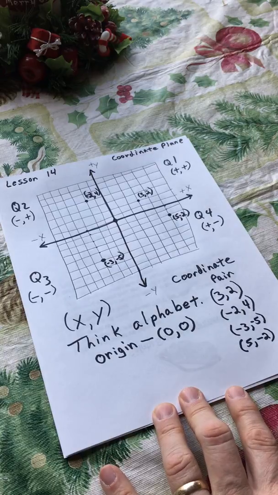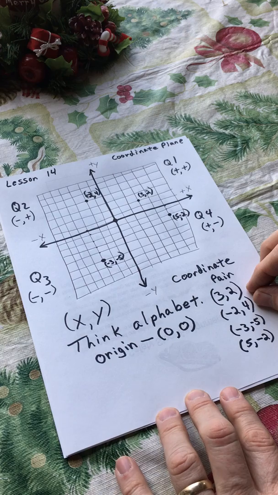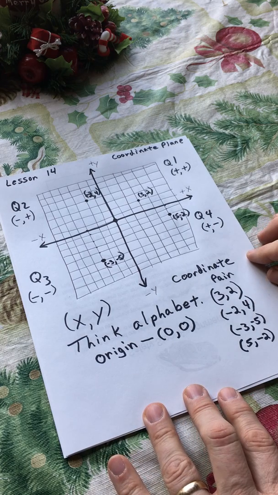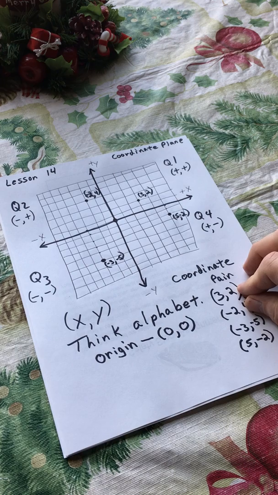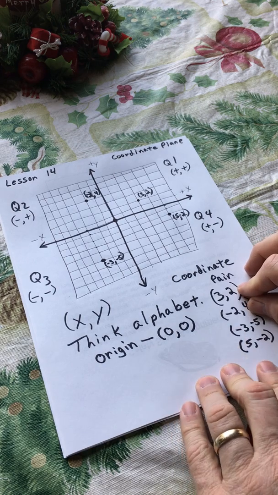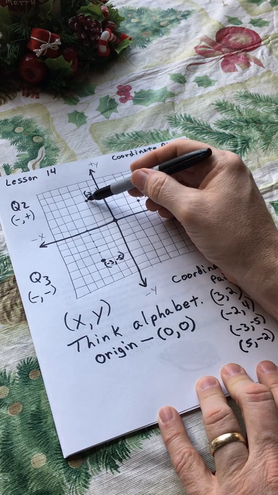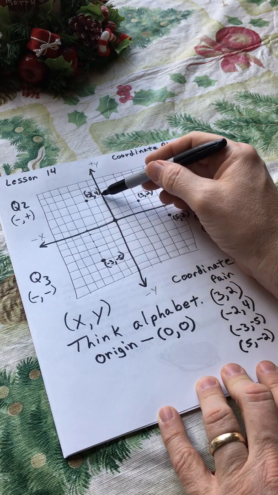Okay? Now let's talk a little bit about the distances. So what is the absolute value of a distance? Well, if we wanted to talk absolute value of, let's say, this point to the y-axis, well, that would be a total of 2, right?